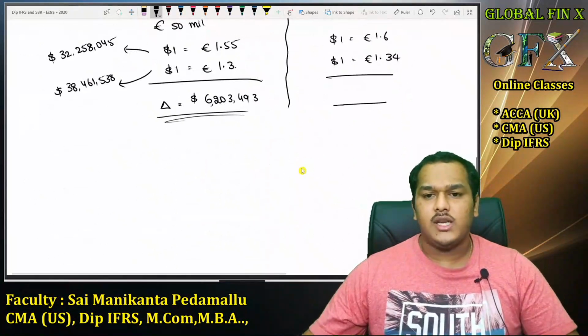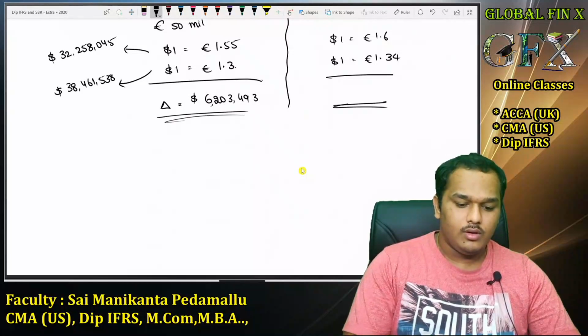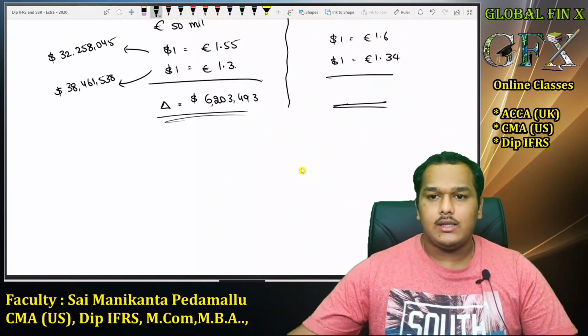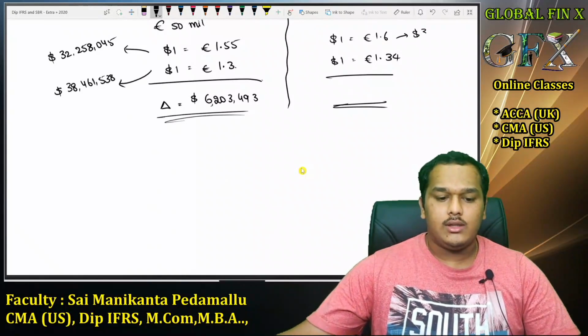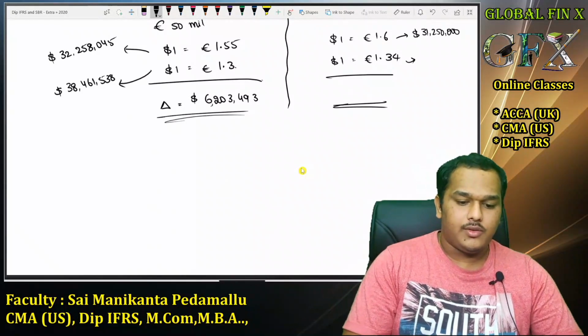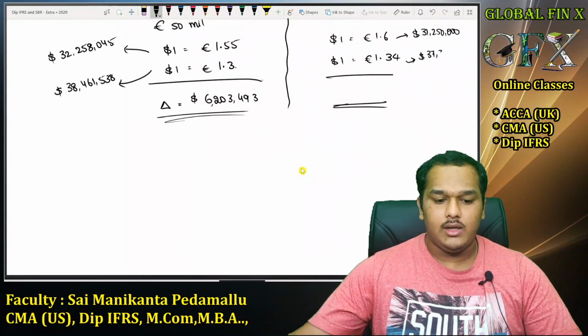So how much is the delta? 50 million divided by 1.6 gives $31,250,000, and 50 million divided by 1.34 gives $37,313,433.